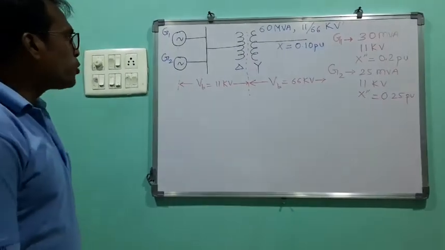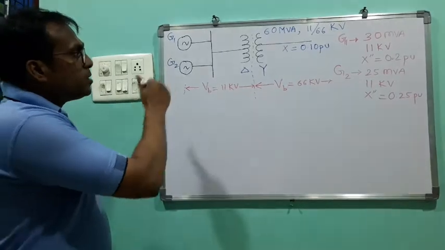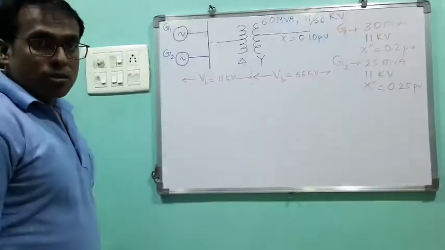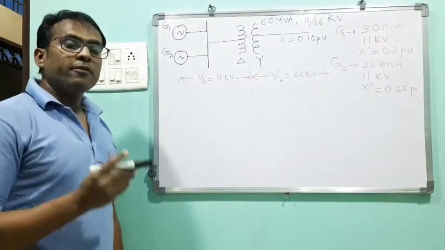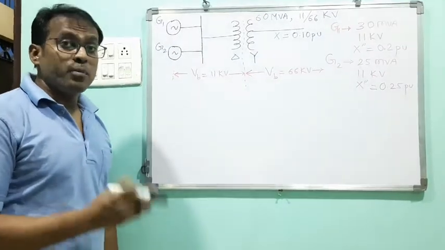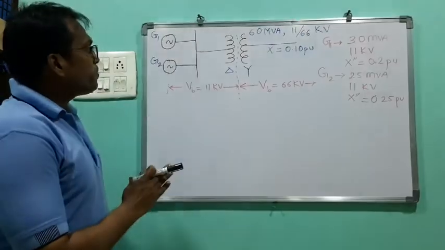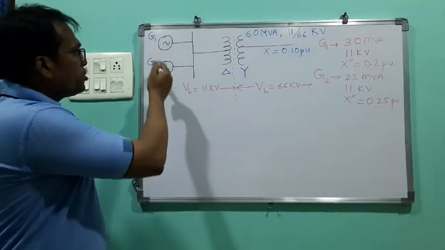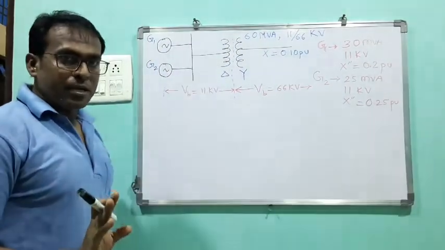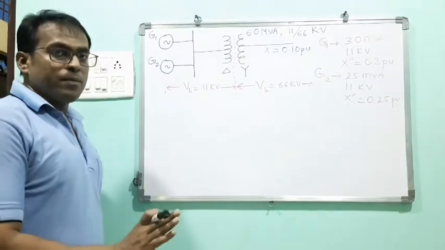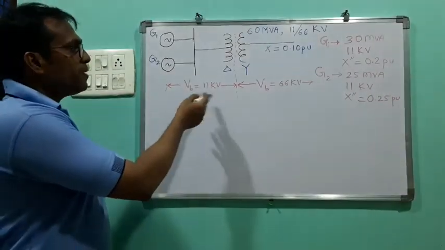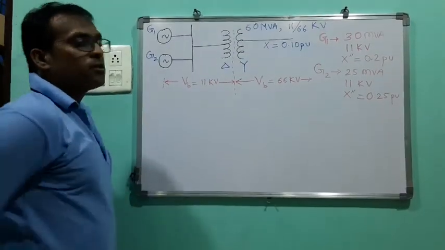Now what do you have to do? You have to take the base. I already told you that when you are taking the new base, for G1, G2 and the transformer, we are taking the same MVA base and kV base. The kV base is nothing but 11 kV and 66 kV.